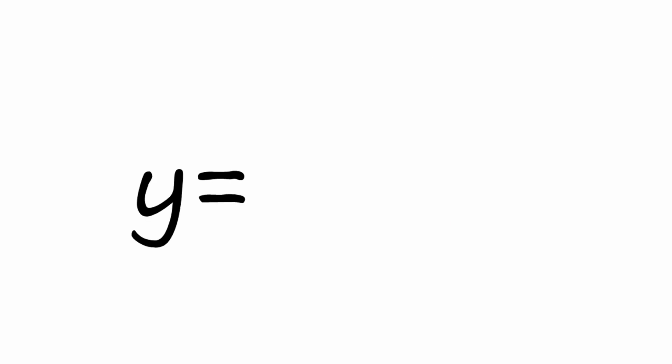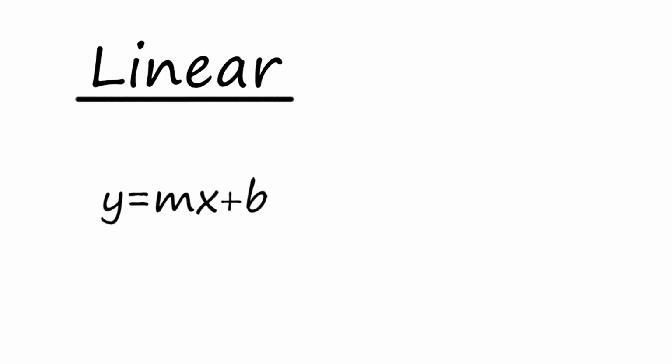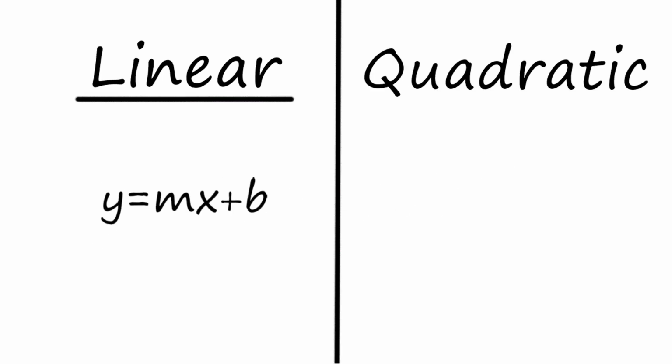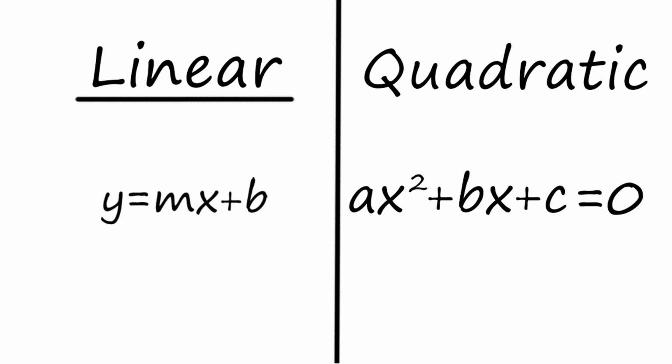First step, the standard forms. Like linear equations, quadratic equations also have a standard form. For a linear equation, the standard form or slope-intercept form is y equals mx plus b. However, for quadratic equations, the standard form is ax squared plus bx plus c equals 0.